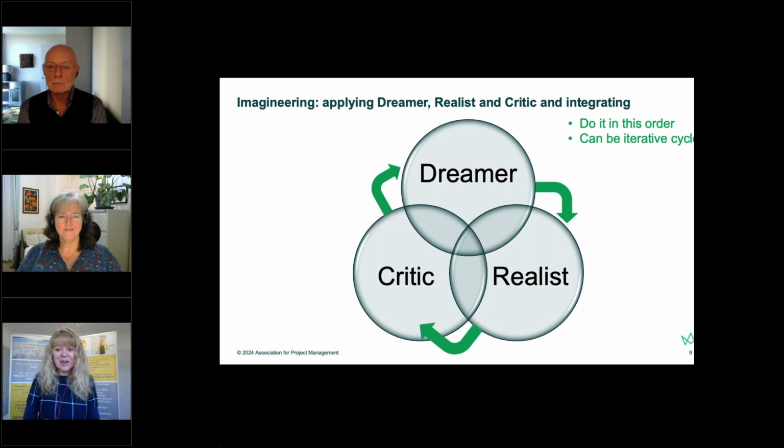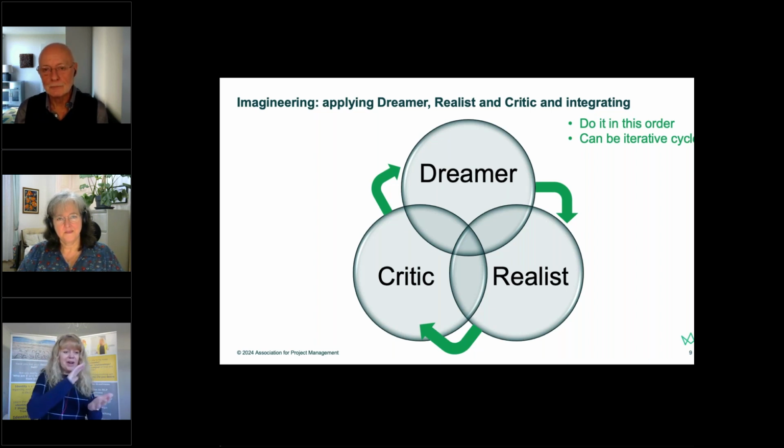Yeah, absolutely. So the order is really, really important. We need to start in Dreamer, okay? Because if you don't start in that, it doesn't work, basically. If you haven't had that Dreamer phase, you haven't got the ideas that you're then going to apply the Realist and the Critic to. So Dreamer is the absolute beginning, the start.